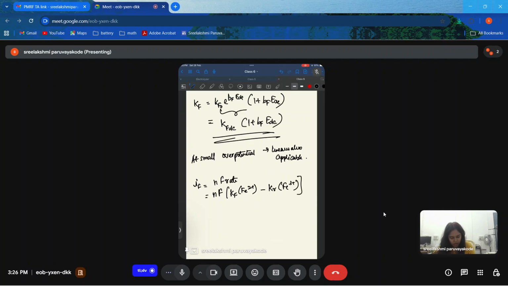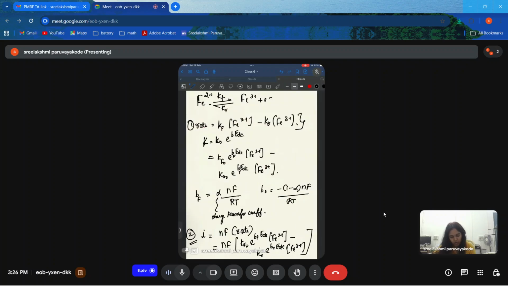Now I can write this in the linearized way: kf DC (1 plus bf EAC) [Fe2+] minus kr DC (1 plus br EAC) [Fe3+]. Right? So this is the next equation.